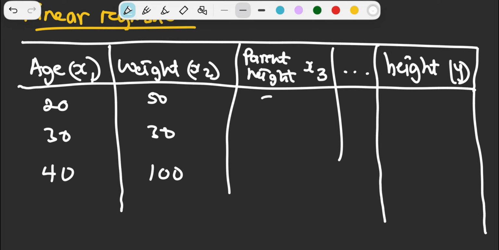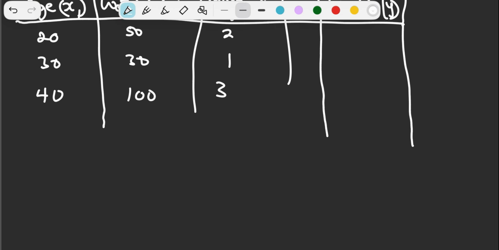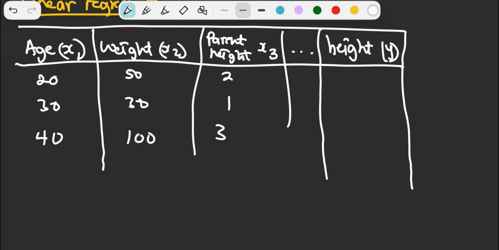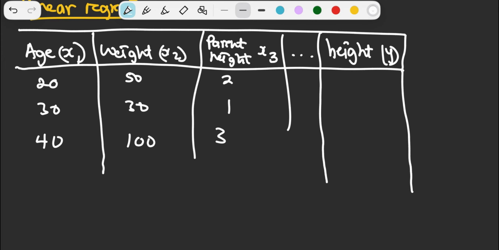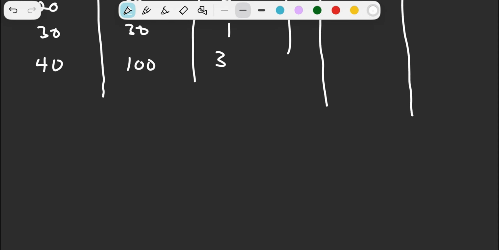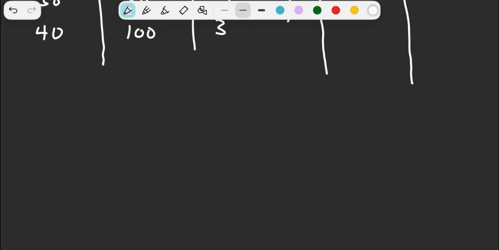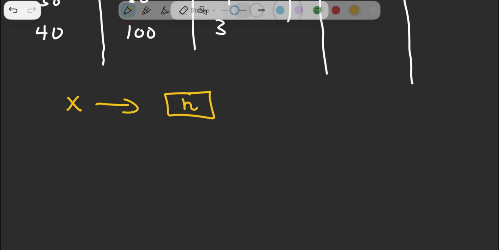Parents' heights can be 2 centimeters, 1 centimeter, 3 centimeters, etc. So you're given input features x1, x2, and x3, and you're asked to find the target variable or the outcome, which is y. So it's important to realize that when doing supervised learning, you're given x and you're trying to learn what function h is, so that you can get an outcome y.